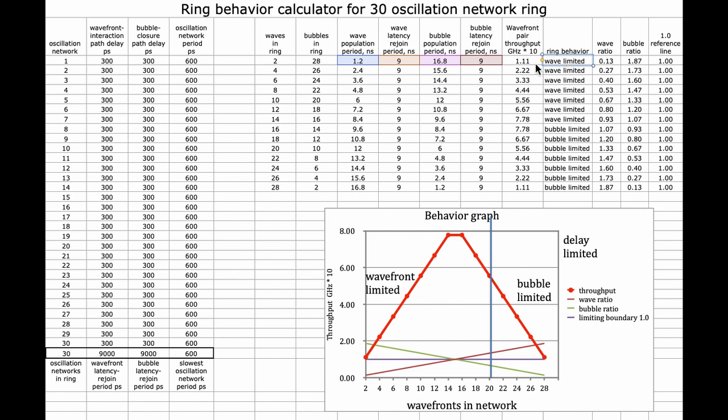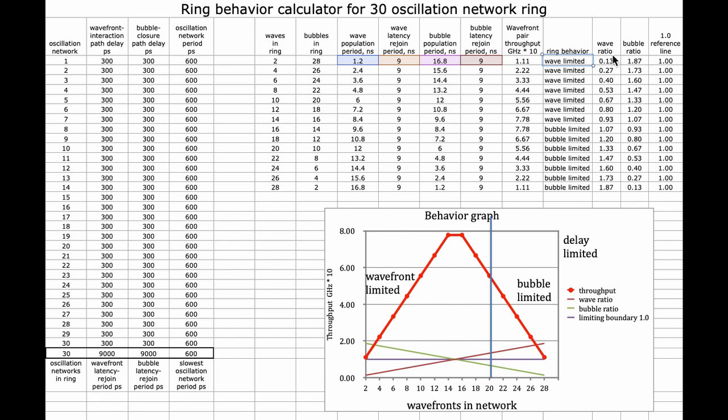Now the calculation determines what behavior mode we're in. These are all wavefront limited and these are all bubble limited. And it can be delay limited and it can be perfectly balanced, and there's a couple others. This column is the wave ratio.